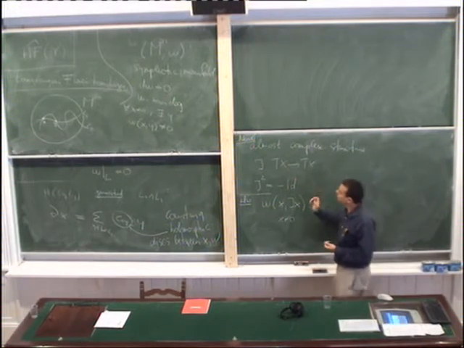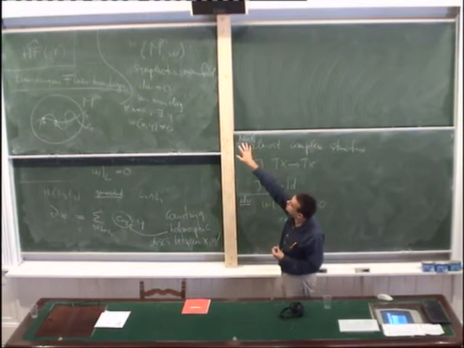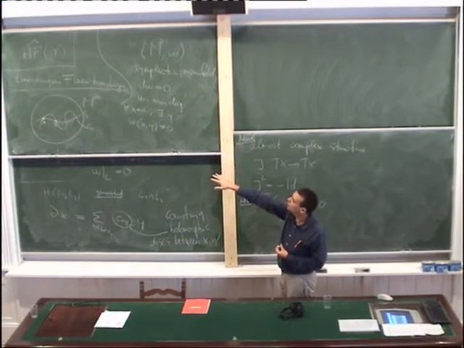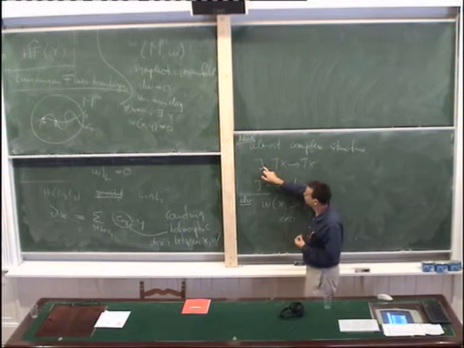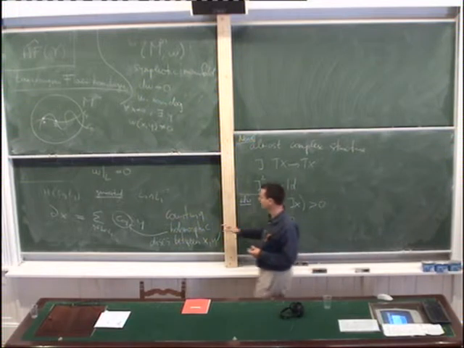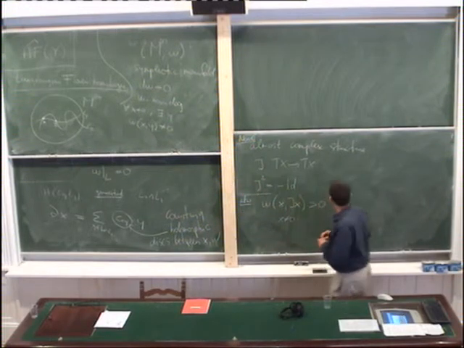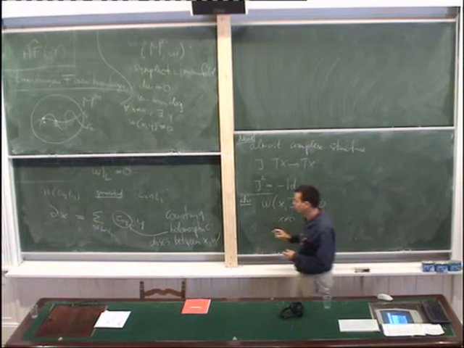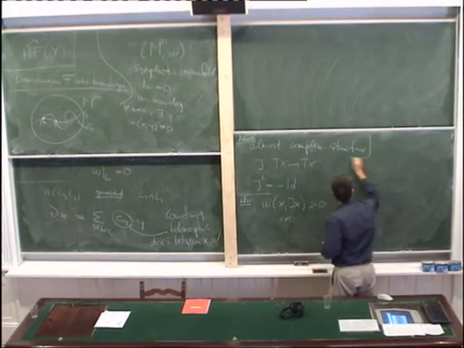So we start with a symplectic manifold with these Lagrangians. We fix an almost complex structure that satisfies this condition, and then it makes sense to talk about J-holomorphic disks. So this is not really holomorphic, but J-holomorphic.